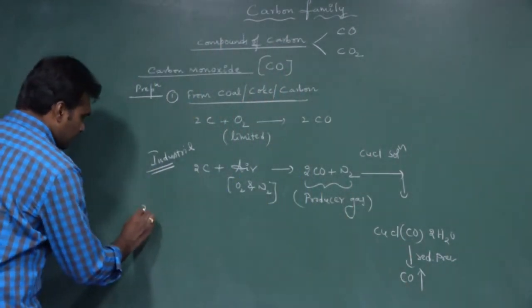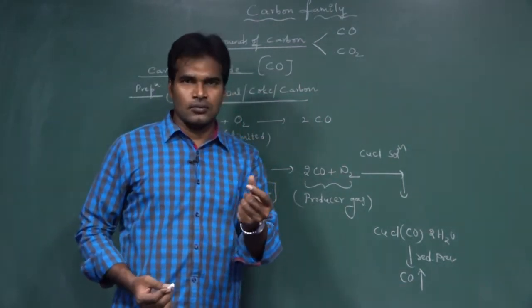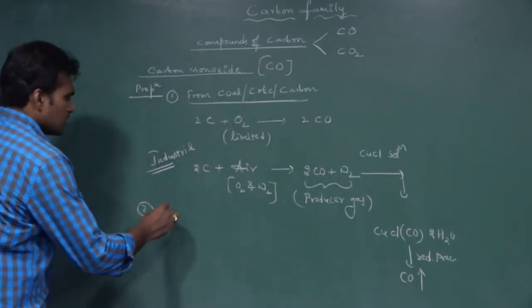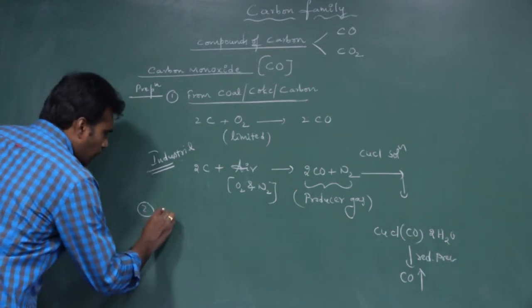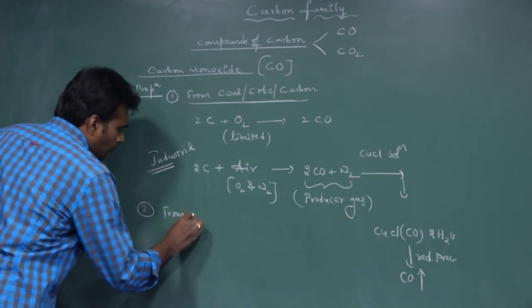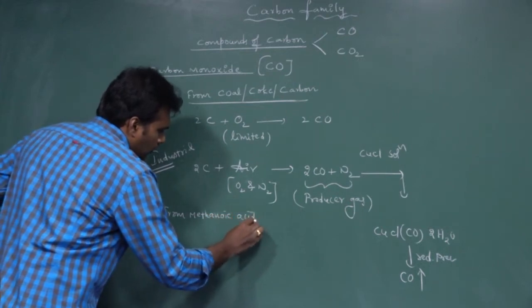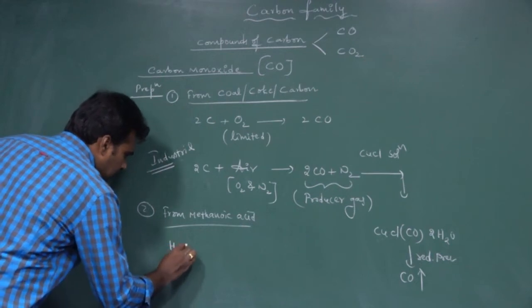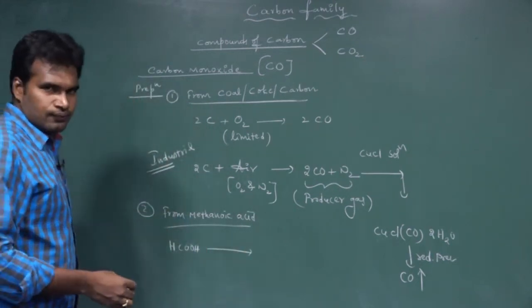And one more method, if you want to prepare the pure form of carbon monoxide, simply by the dehydration of methanoic acid, simply called formic acid. You take the formic acid HCOOH, and dehydrate it.